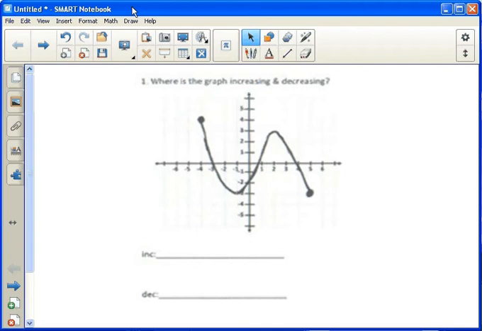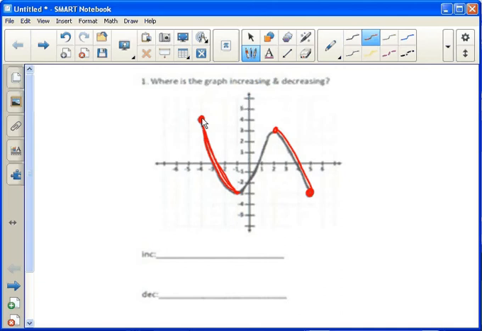So on number 1 it says, where is the graph increasing and decreasing? Okay, so I'm just going to draw in red where we're decreasing. And then also here, and then in blue where we're increasing. The key here is to focus on the x values. So we are decreasing from -4 until -1.